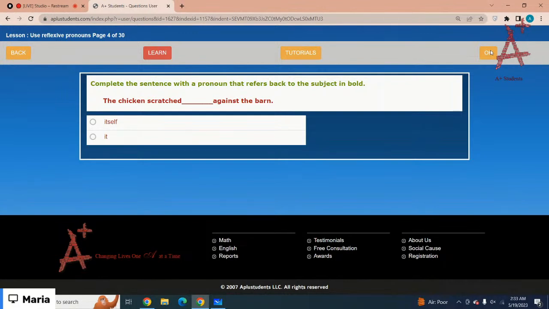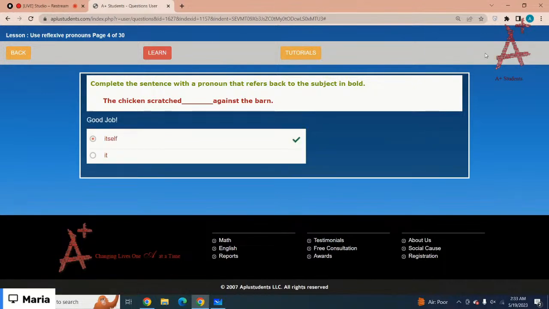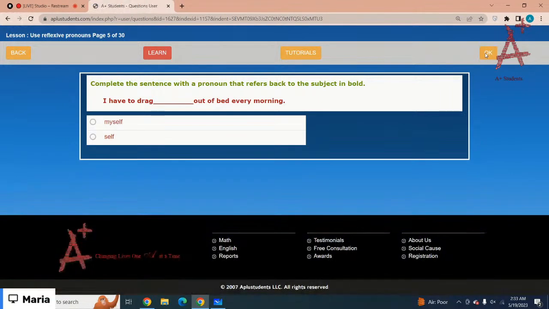The chicken scratched itself against the barn. I have to drag myself out of bed every morning.